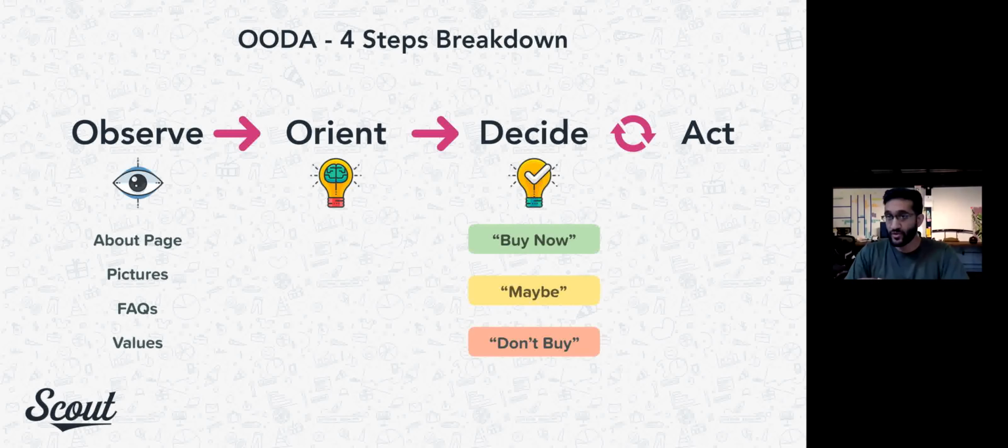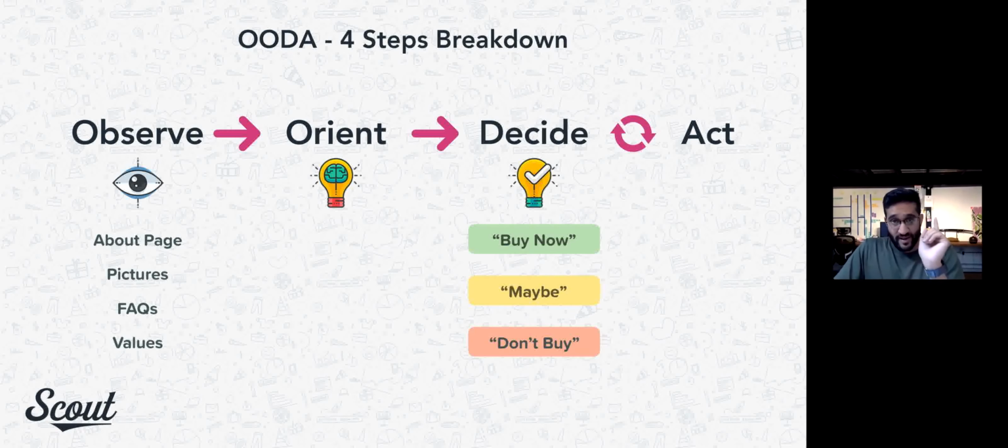If you know what they're trying to achieve, you can help them orient themselves in their view that you are the right business or the right product to solve that problem or need. So again, when they're in the decide phase, they're thinking, don't buy it, maybe later, maybe, I don't know, or buy now.